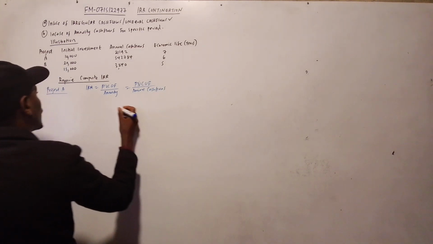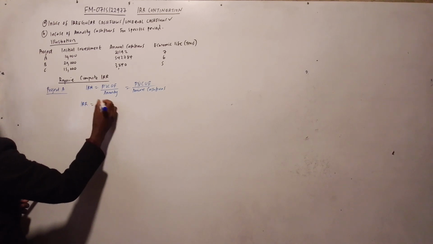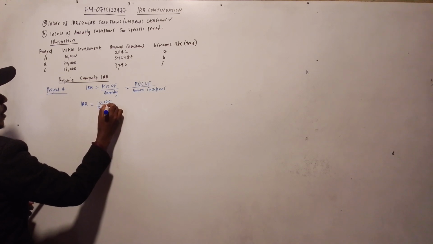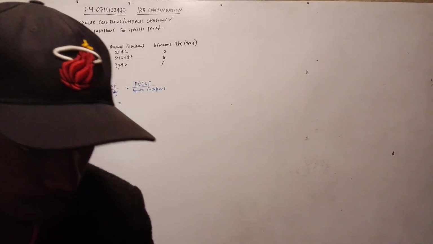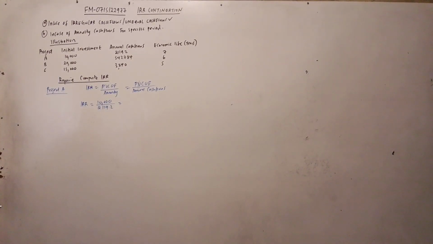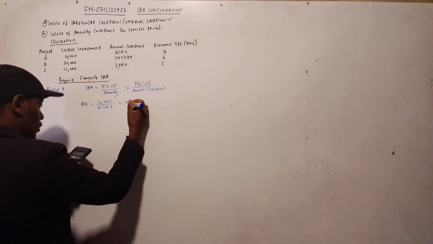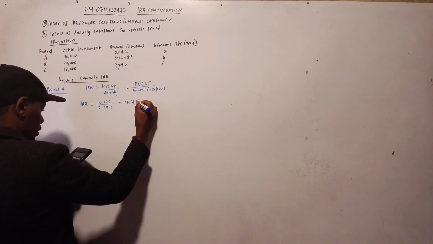Now we can do it. So IRR for project A will be 10,000 divided by 2119.2. 10,000 divided by 2119.2 is equal to, in 4 decimal places, 4.7188.